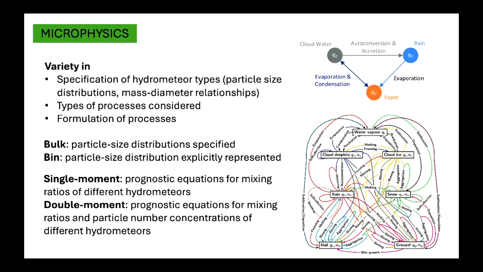But the most commonly used microphysics schemes are usually in these two types, the bulk scheme and the bin scheme, and that differ in how they actually represent the size distribution of the particles. And for the bulk scheme, we also have single moment, double moment, and in more recent years, people have developed a multi-moment scheme that basically different numbers of moments represent the different numbers of the prognostic variables these schemes have developed to describe the properties of the hydrometeors in the atmosphere.